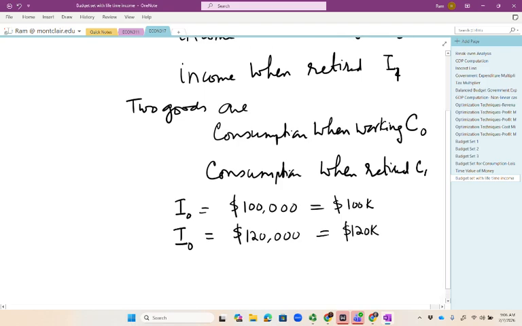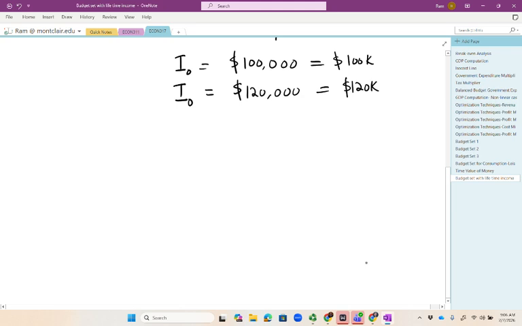So now we want to look at the lifetime income, the budget set for this consumer, where the income when working is 100K, income when retired, there was a typo, I1 is 120K. And then this is a simplified model, so I will assume the interest rate to hold constant at 20%. So this will be 0.20.